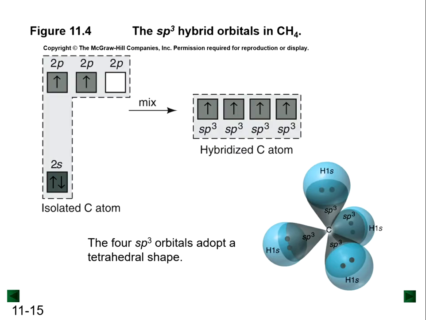One goes into each of the sp3 hybrid orbitals on the carbon atom. And each sp3 orbital, which is half filled, can then interact with a hydrogen 1s orbital, which is half filled. And that produces our 4 sigma bonds.